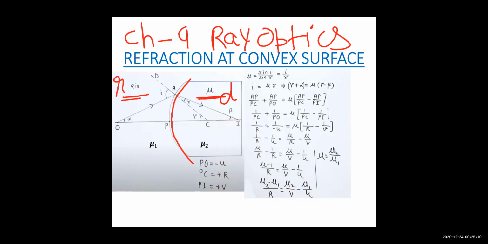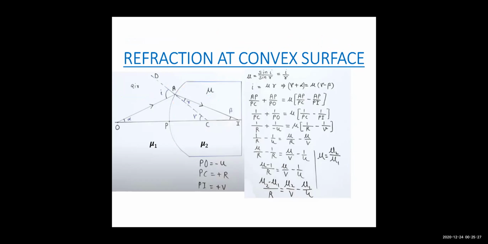Here, children, light is going to get refracted from a rarer medium, that is air, to a denser medium having refractive index mu.